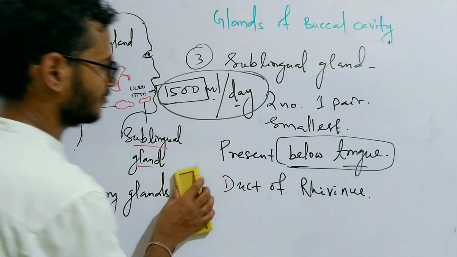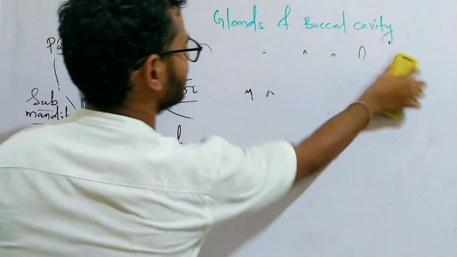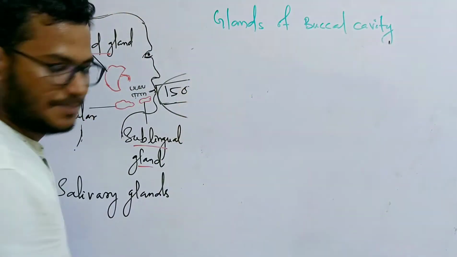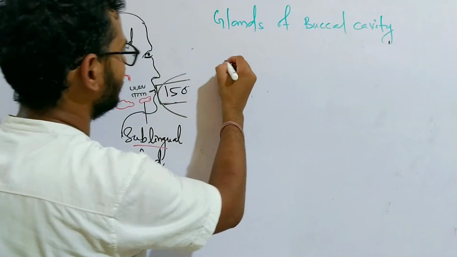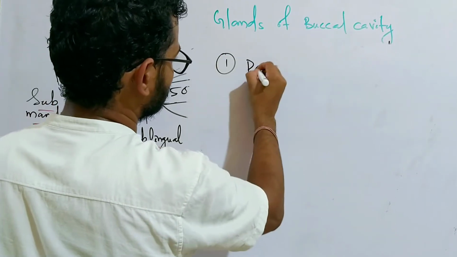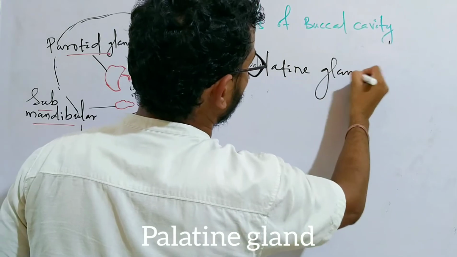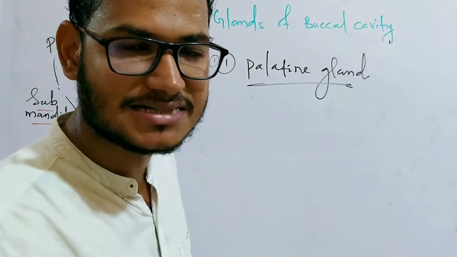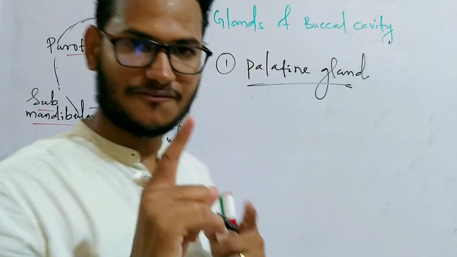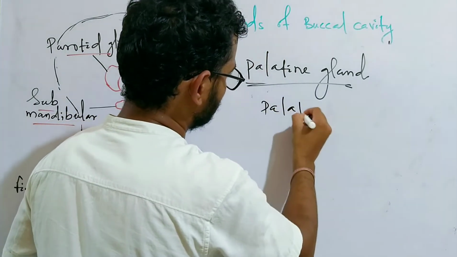Before that, I will tell you about two important mucous glands that are present in the buccal cavity. Number one is the palatine gland. These are mucous glands, remember. The palatine gland is present in the palate. I have already discussed the palate. What is the palate?